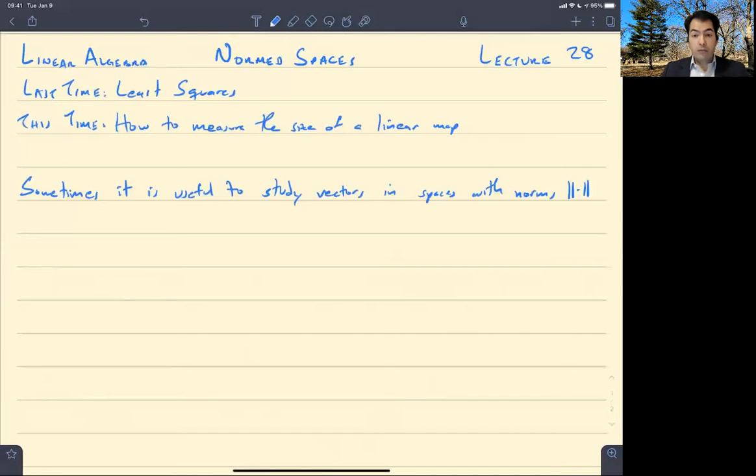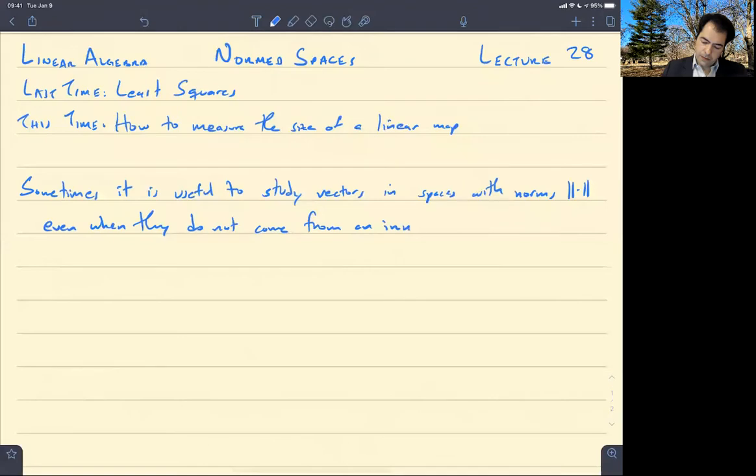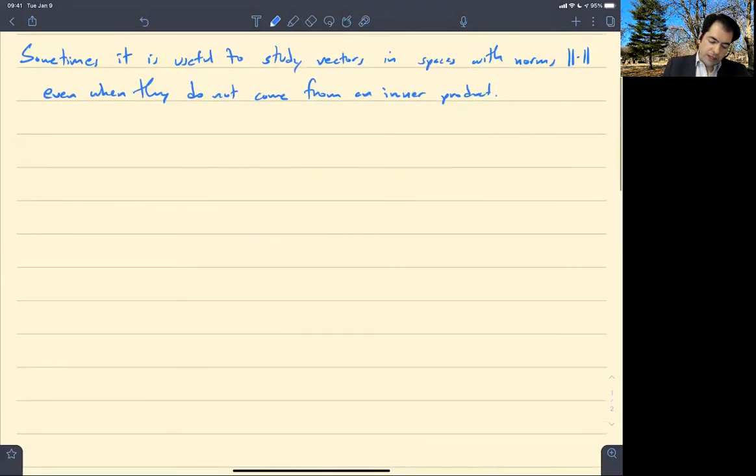But there are some norms that don't come from an inner product. Okay, so first, let's agree on exactly what we mean by a norm when we don't have an inner product, and then we'll see some examples.